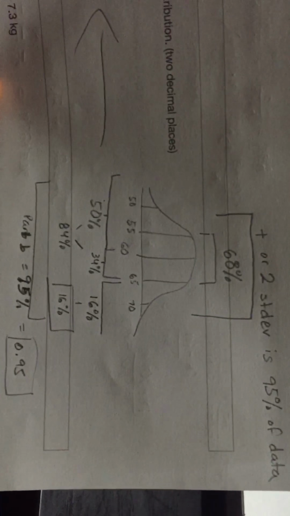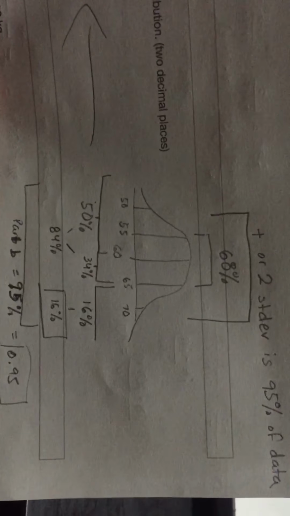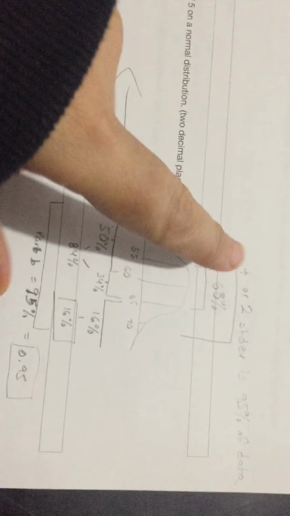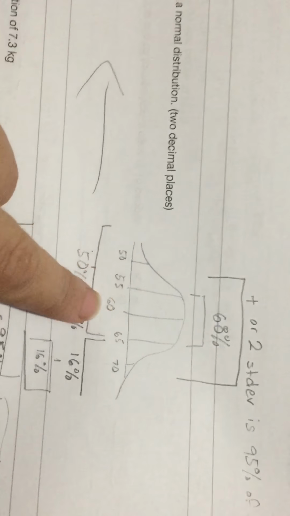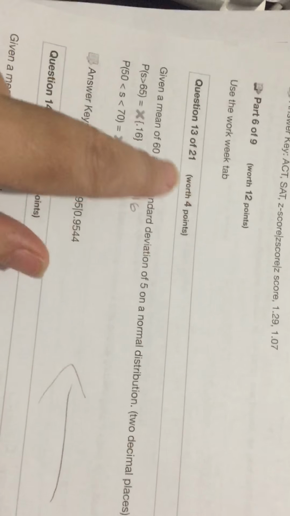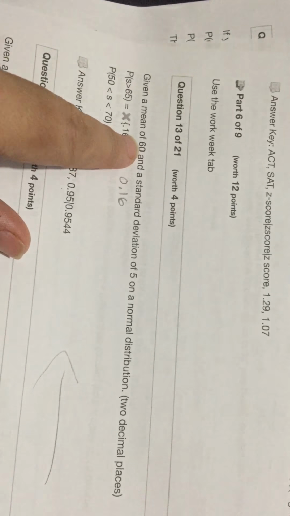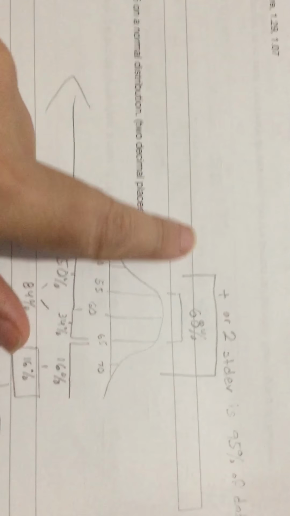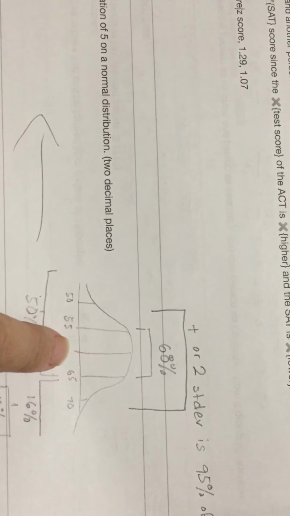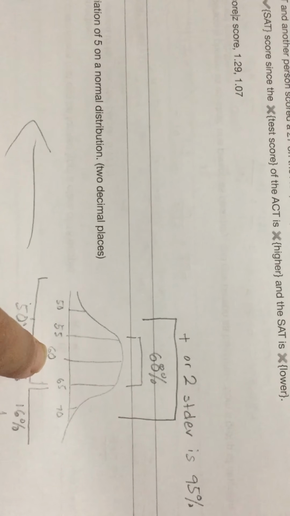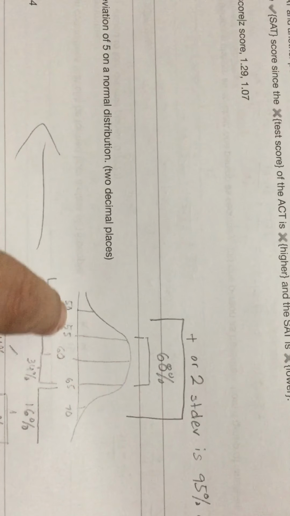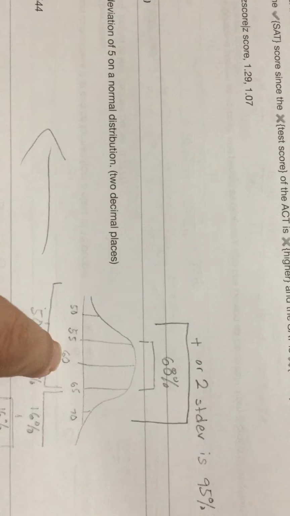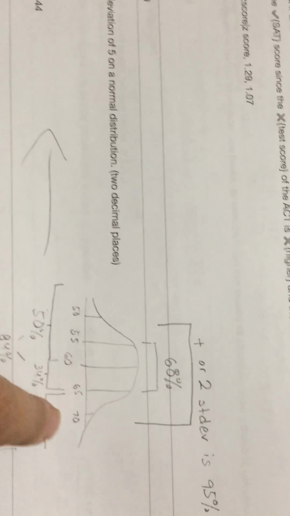Okay, this is where he was drawing that normal distribution on the board. Because the mean is 60 in this case, in the middle of this we would write 60. Everything to this half is 50%, and everything to this half is 50%.